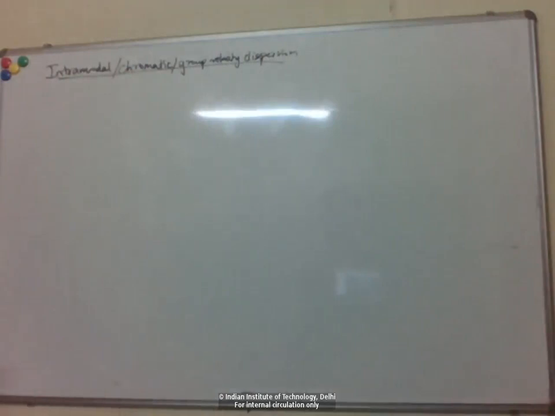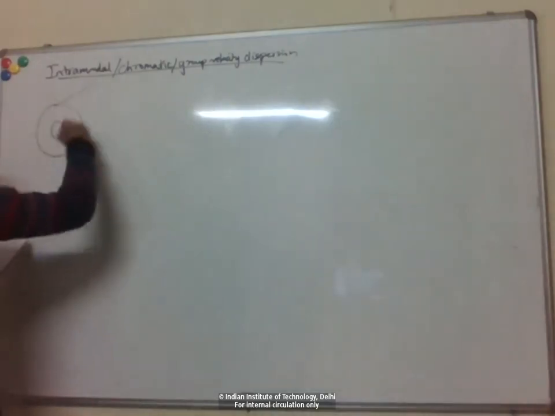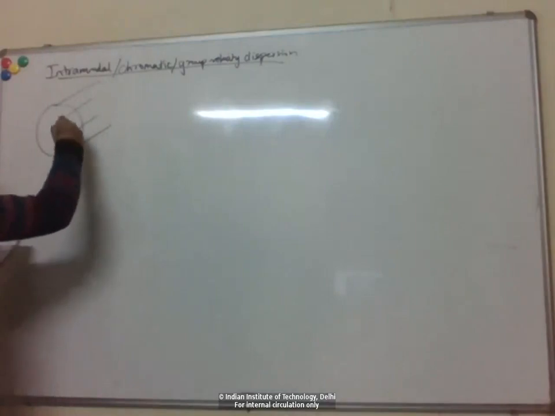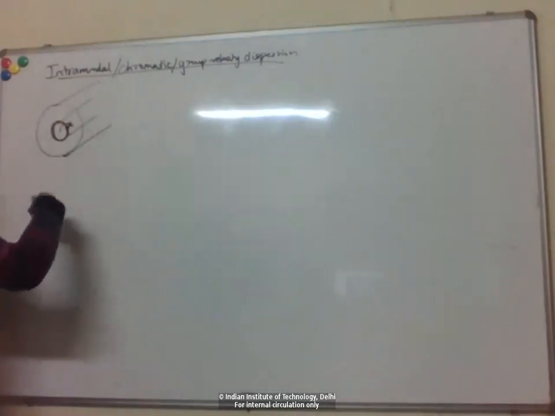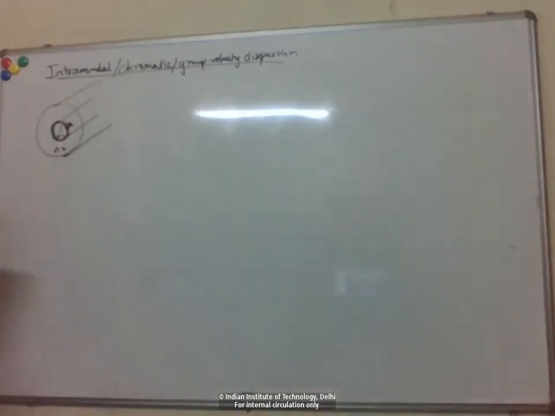Okay, so maybe just a few words on single mode fibers, right? The conventional single mode fiber is a step index fiber, right? So you have some core radius a here, index n1 and n2, right?